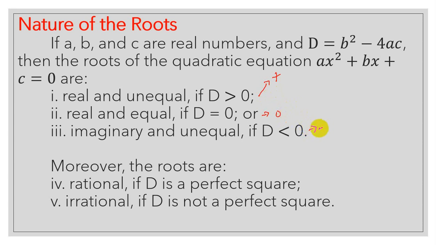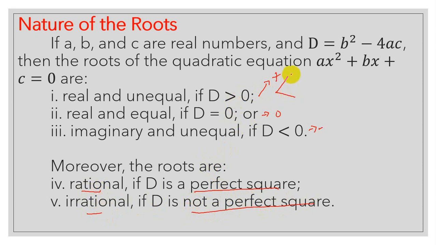Moreover, the roots are rational if D is a perfect square. So therefore, we can say that the roots are rational if D is a perfect square, and irrational if D is not a perfect square. So we can summarize that if the discriminant is positive, there are two possible natures.